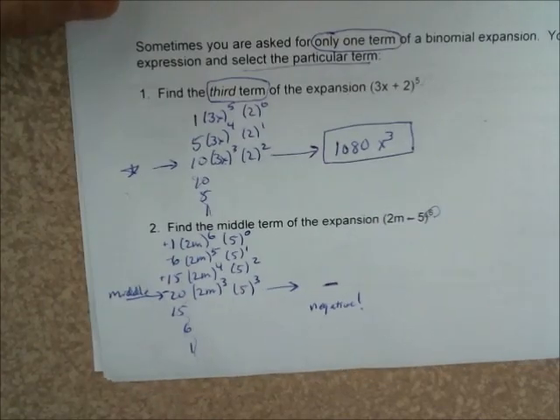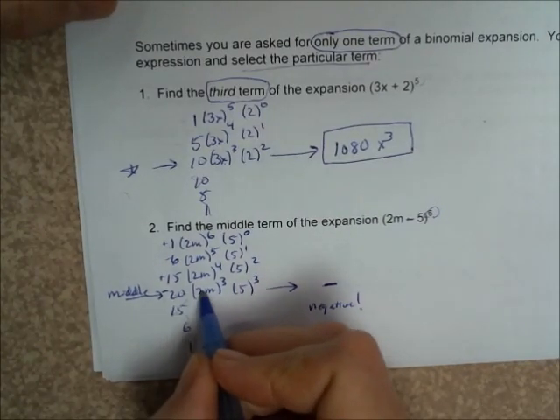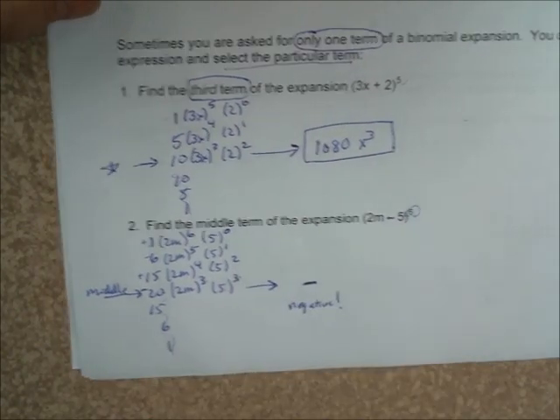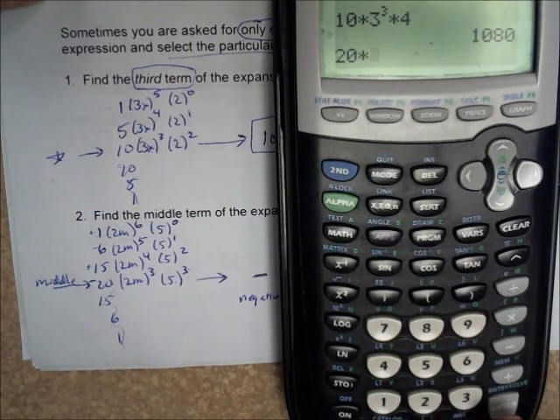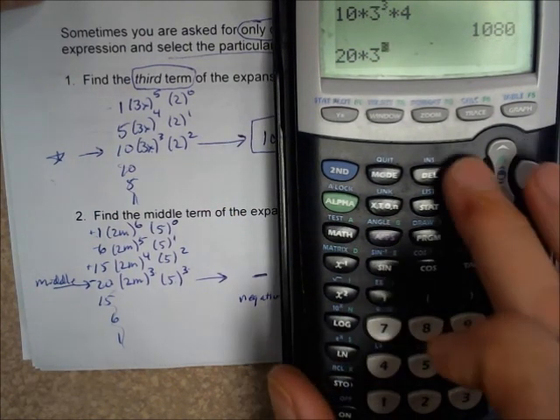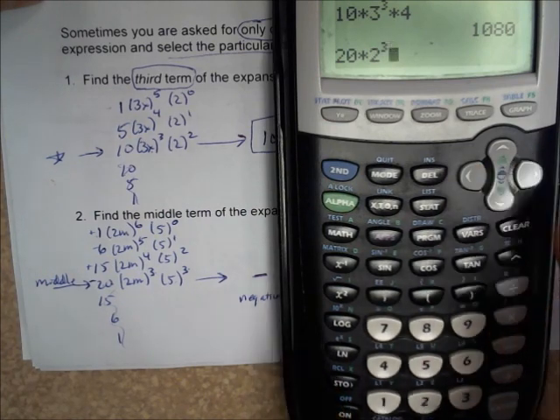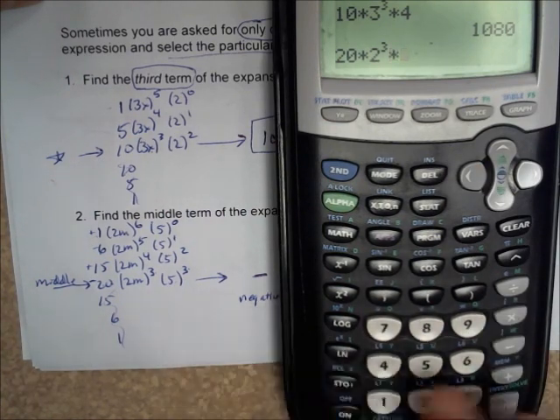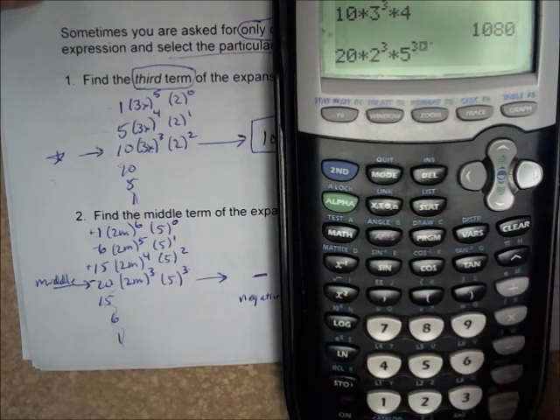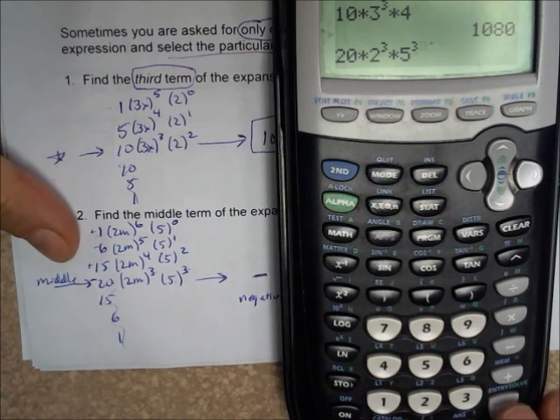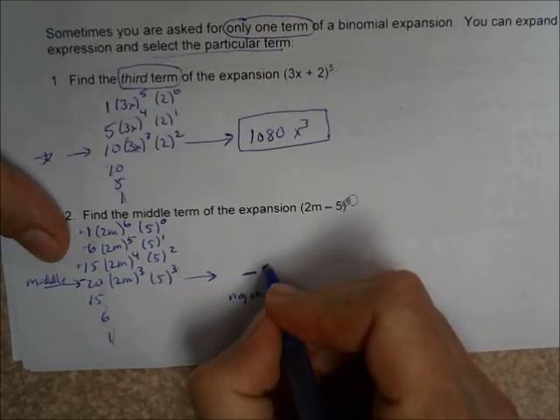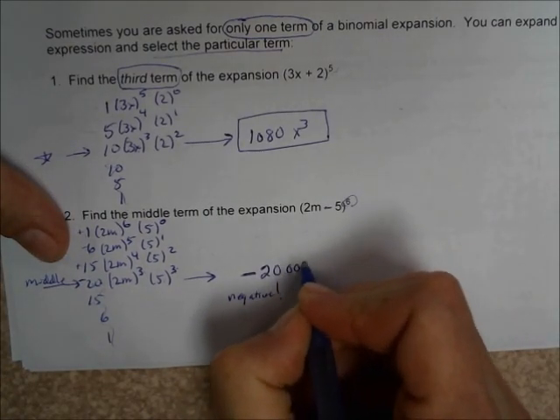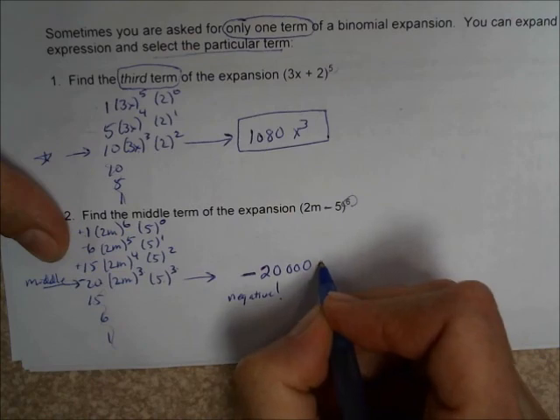So we have 20 times 2 cubed times 5 cubed is our numeric coefficient. 20 times 2 cubed times 5 cubed. So there's our numeric value. That's 20,000. Negative 20,000 m to the 3rd.